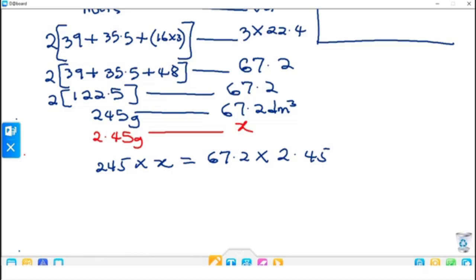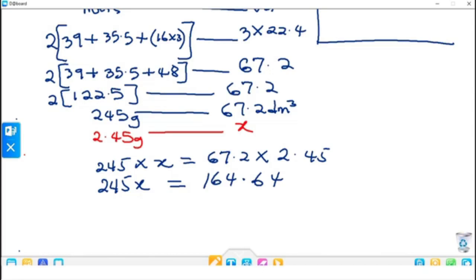So 2.45 times x gives us 2.45x equals 67.2 times 2.45, which gives us 164.64.